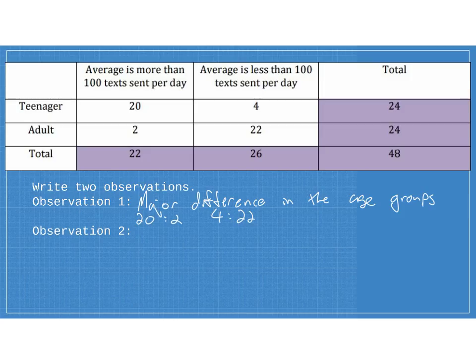And then observation number 2 is that there's still a majority, even though a small majority, of people surveyed that send less than 100 texts per day.